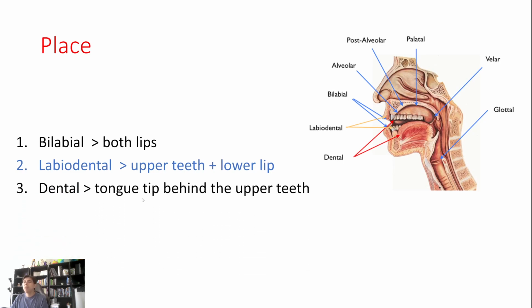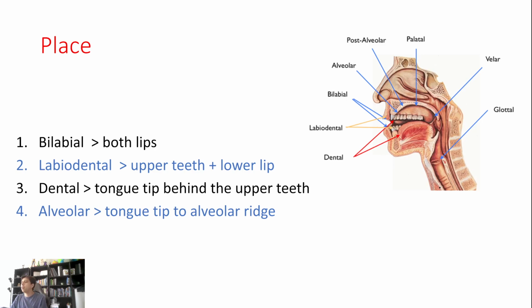I'm just giving you some examples because there are many more sounds that we can create with these places of articulation. The dental: the tongue tip behind the upper teeth. Here we have, for example, think. Basically, when you say think, that sound is the tongue tip behind the upper teeth. The alveolar is when the tongue tip touches the alveolar ridge.